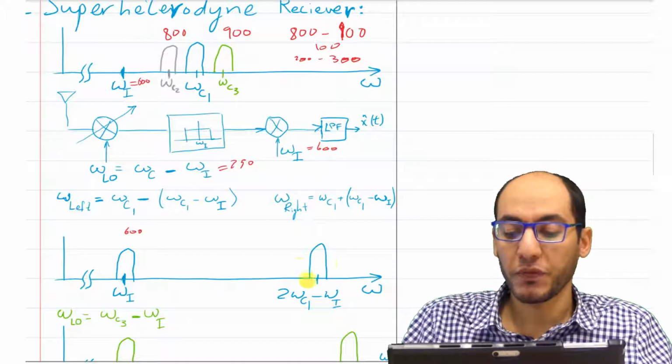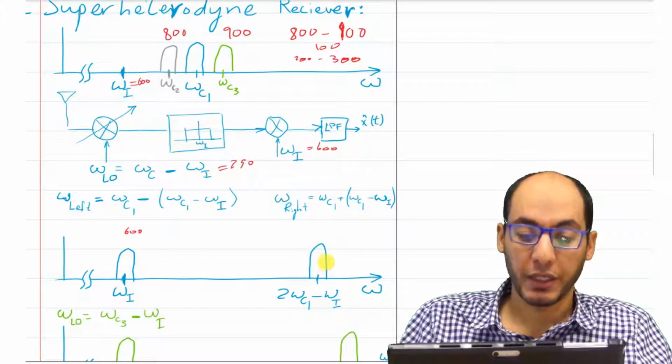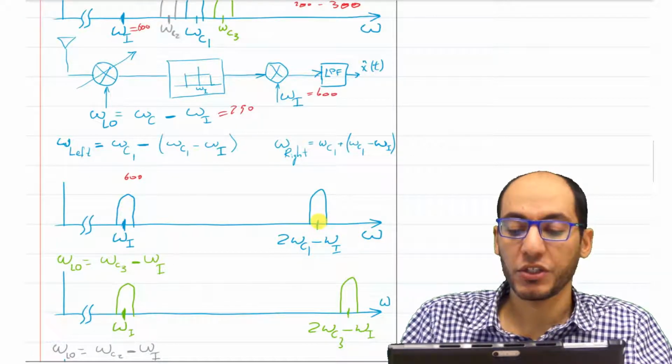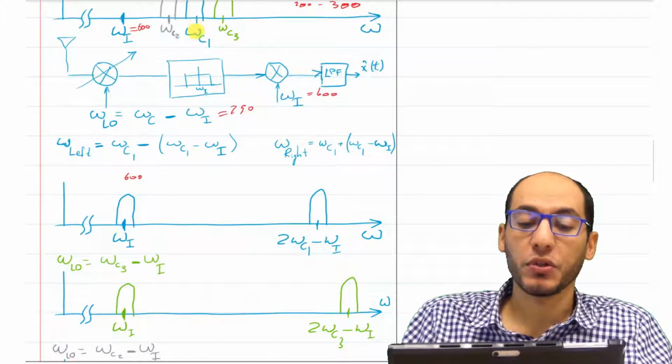Of course, it's going to be shifted to a totally different value, but that's irrelevant for our case. So it's going to be shifted twice, shifted here at the 600 and shifted here as well. So the local oscillator's value, when I want to listen to that channel, is going to be 250 kilohertz.